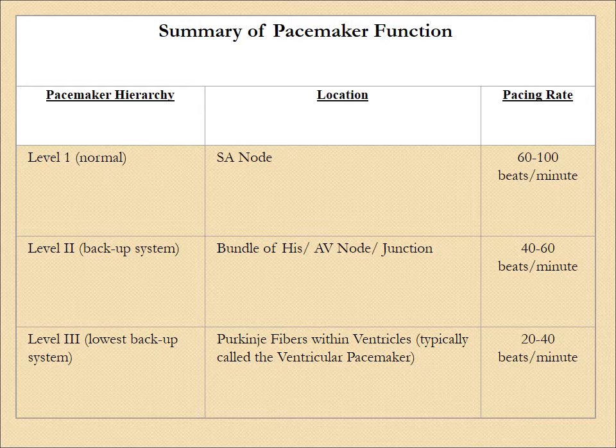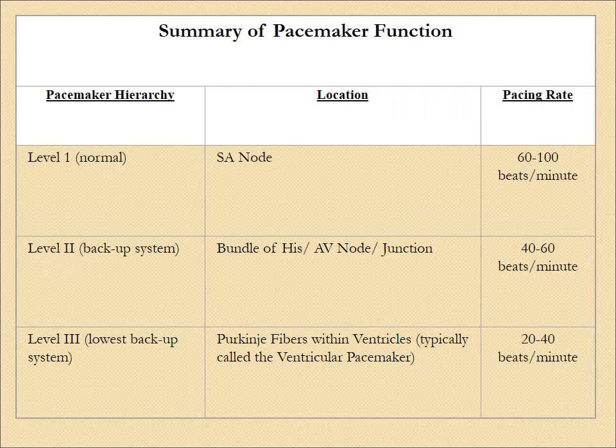When the SA node does not function, for whatever reason, it can be due to disease of the heart, injury to the heart, drugs, or medications. If any of these things stop the SA node from functioning, then the bundle of His or the AV junction will take over.